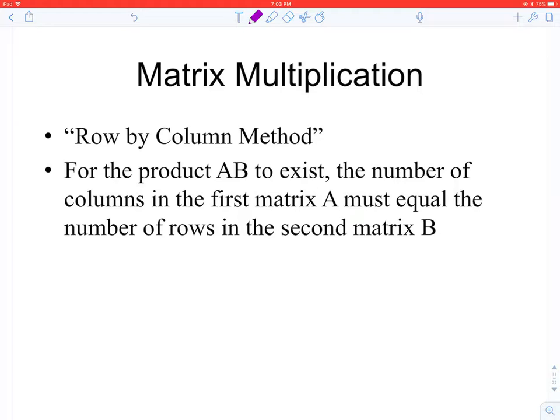All right, matrix multiplication is a little bit more complicated. To multiply two matrices, we use the row by column method. Now, this is the important part.